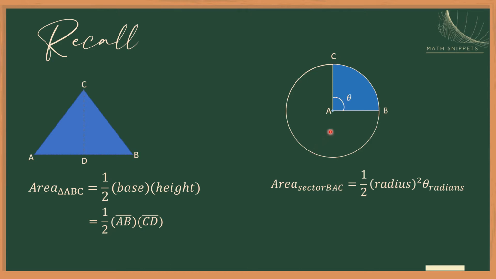Okay, so theta is the angle formed by the sector. Let's say we use r to denote the length of the radius. So we'll have 1/2 times r squared times theta.